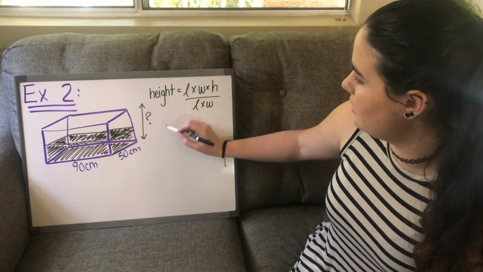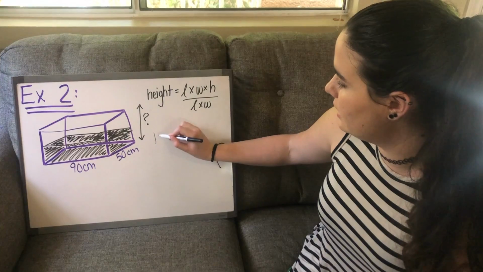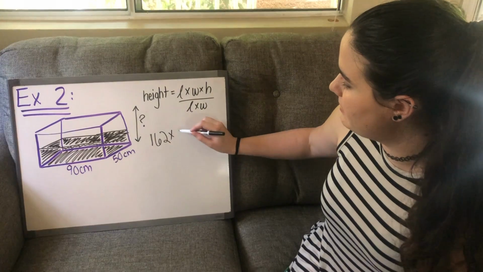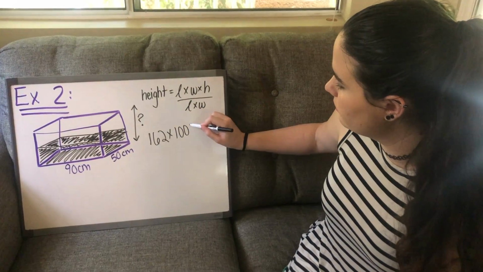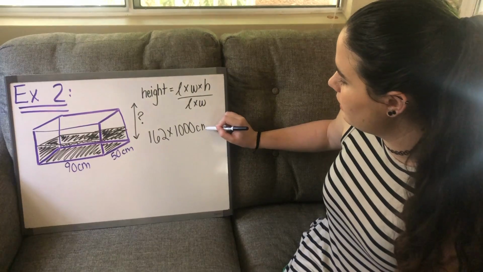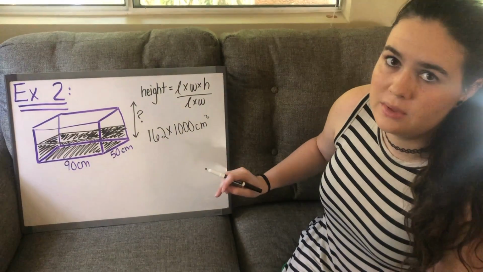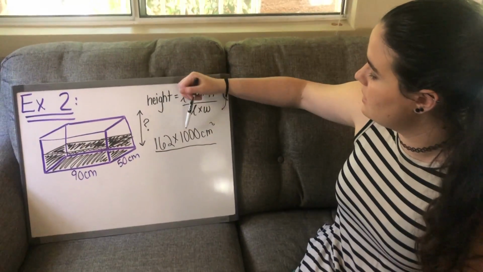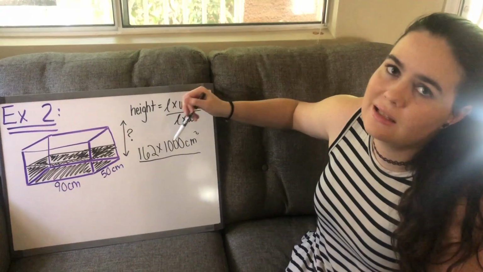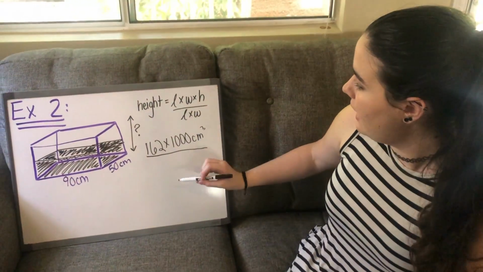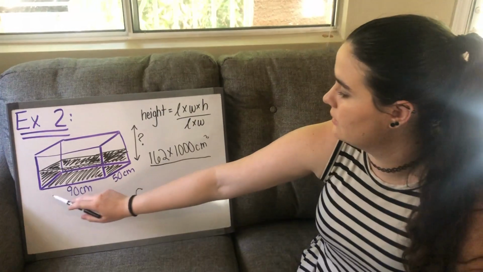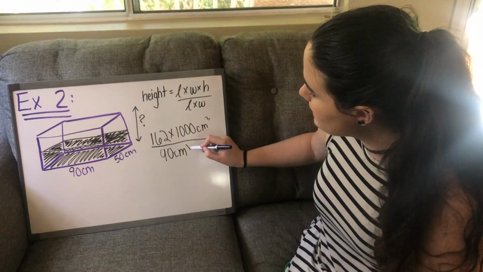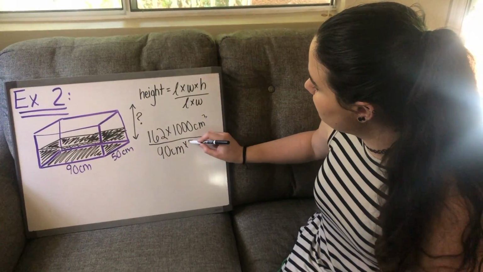So we are going to take our volume, which is 162, and multiply it by our 1,000 centimeters cubed. We can do this because 1,000 centimeters cubed has the same volume as 1 liter. And we're going to divide this by our length, which is 90 centimeters, times our width, which is 50 centimeters.